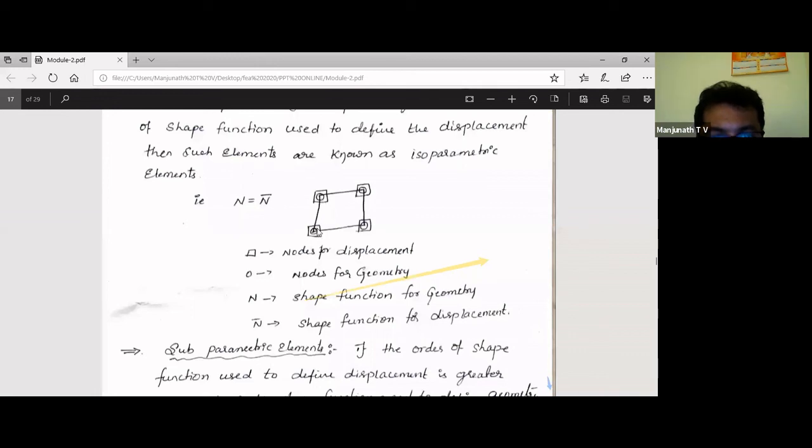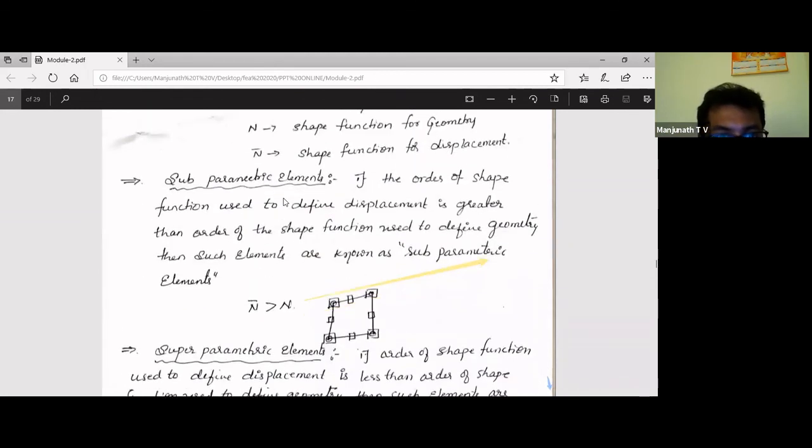So at node number 1, the shape function used to define the geometry and displacement is equal throughout the element, so it is called an isoparametric element. If the shape functions used to define geometry and displacement are equal, the numbers are the same here, then such elements are called isoparametric elements.